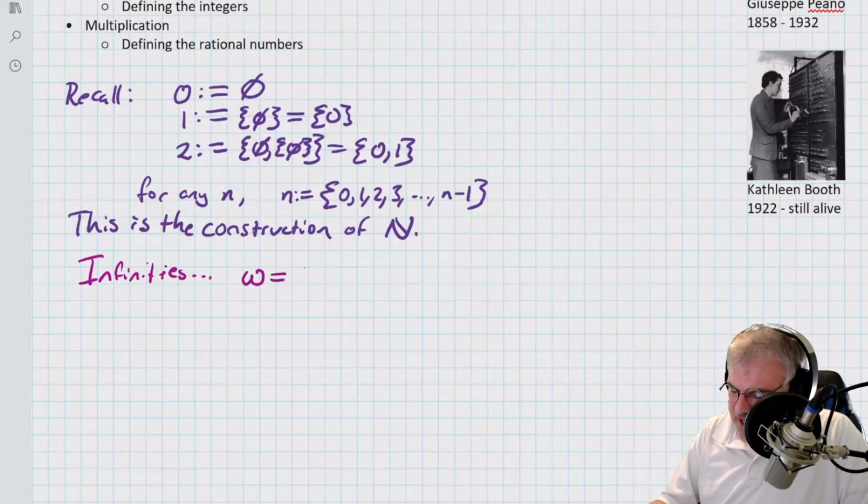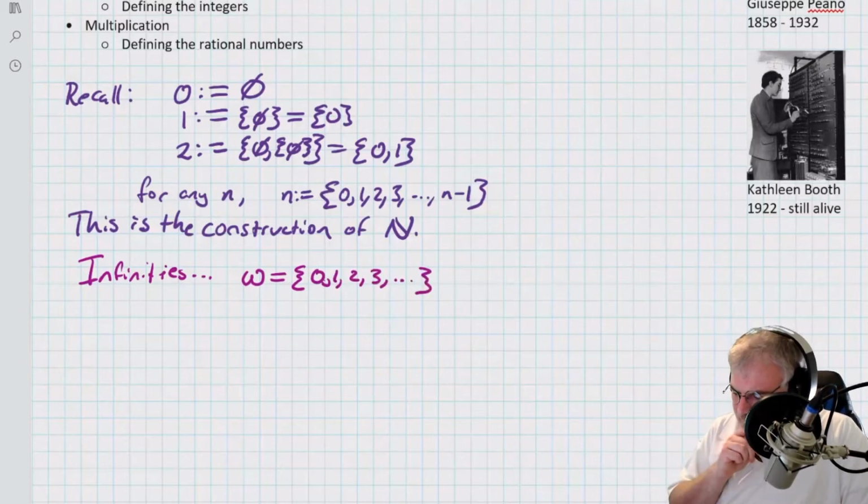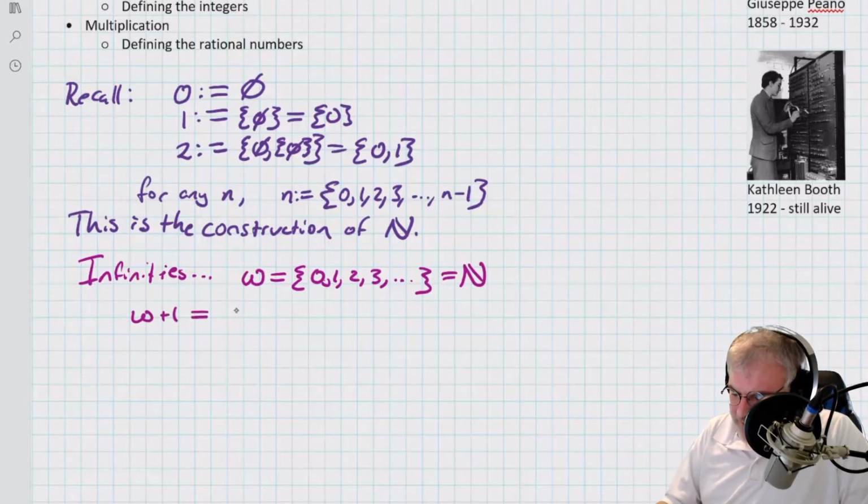Omega is the set of natural numbers, 0, 1, 2, 3, ... forever, which equals n. Omega plus 1 equals the set containing omega. Omega plus 2, and that's an omega.